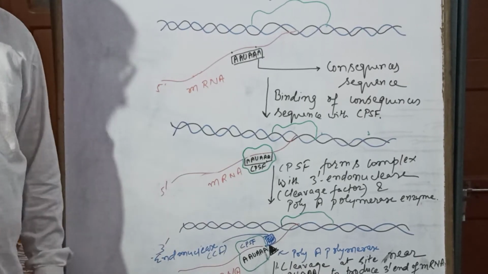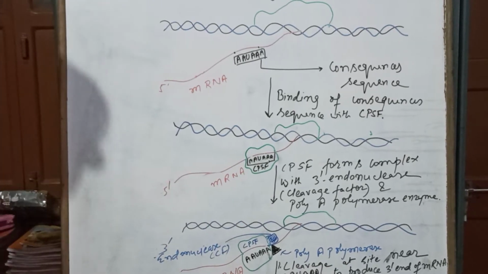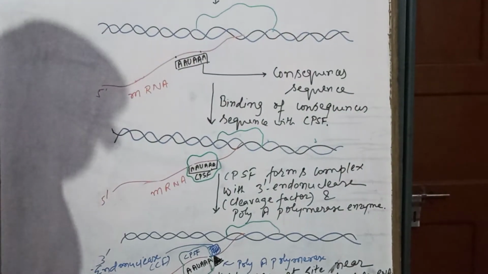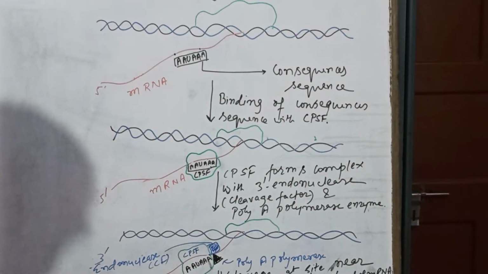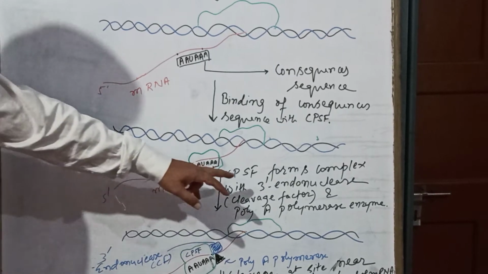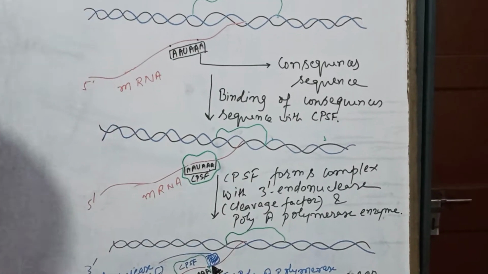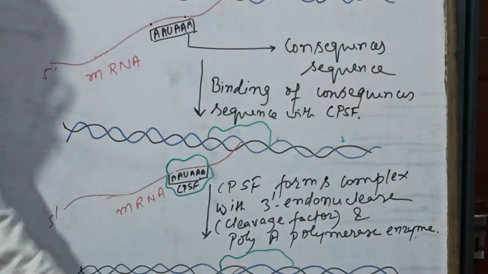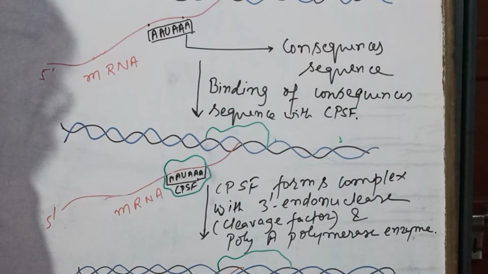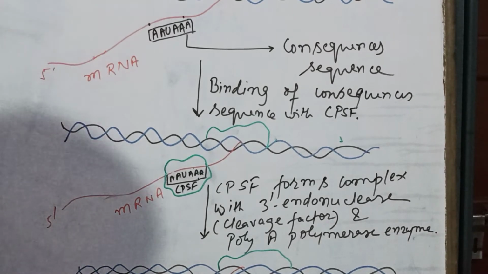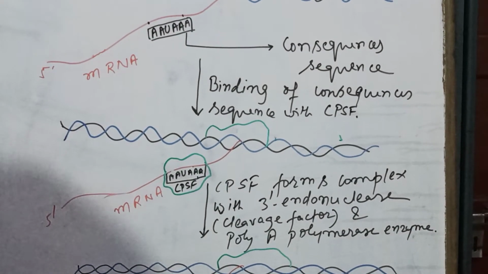Once it binds, then what happens? This CPSF, that is your cleavage and polyadenylation specificity factor, forms a complex with the 3' endonuclease, which is sometimes also called the cleavage factor, and the poly-A polymerase enzyme.